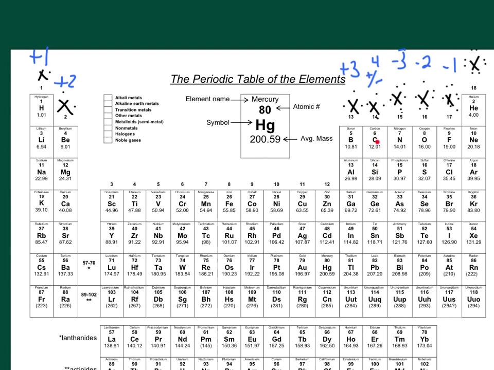And because of that, they can either gain electrons or give away electrons to fill up their outer shell. Normally, these elements like to form covalent bonds, especially carbon. Carbon is what makes up our body, and it forms a lot of covalent bonds that make a lot of the chemical compounds.